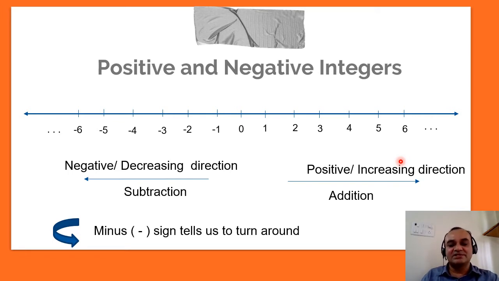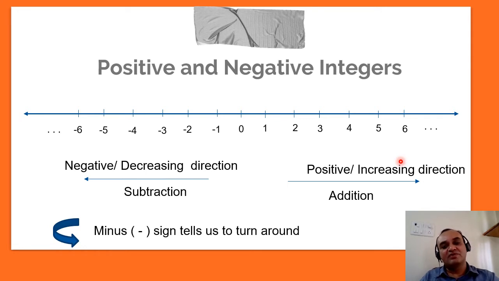Or we could even represent it the other way around. The downward direction can be positive, and the upward direction can be negative. So really it depends on how you formulate the problem. But one thing to notice is that one side of zero is the positive or increasing direction.